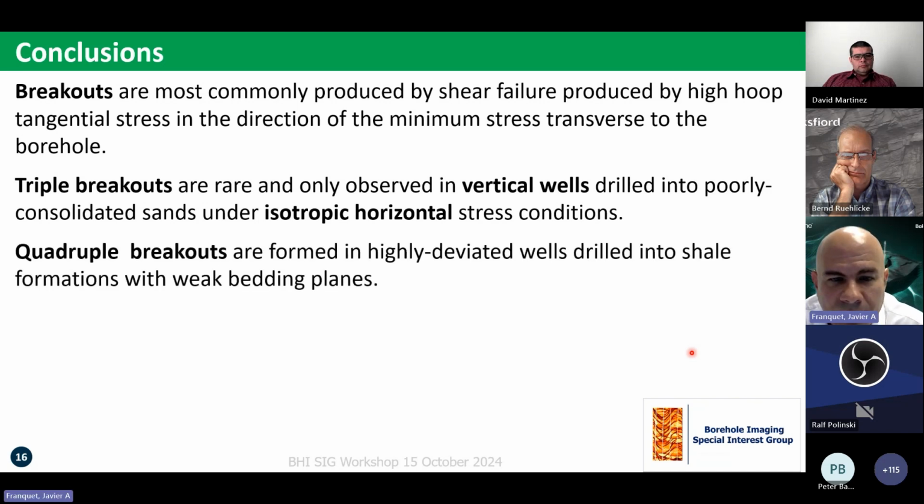Now, quadruple breakouts are formed in highly deviated or horizontal wells that are drilling through shale formations that have weak bedding planes, like I showed in the two examples from the Middle East.